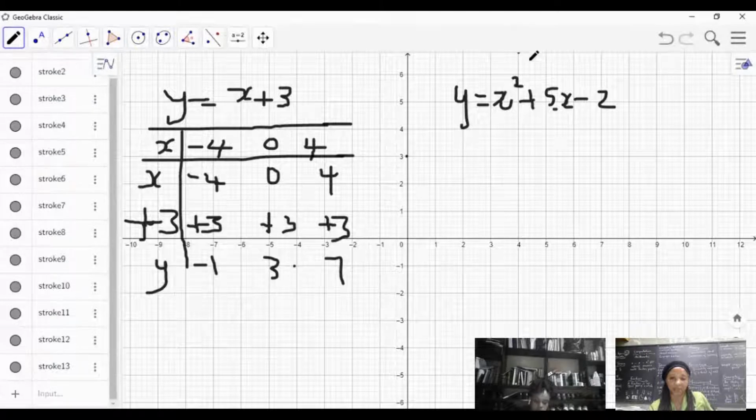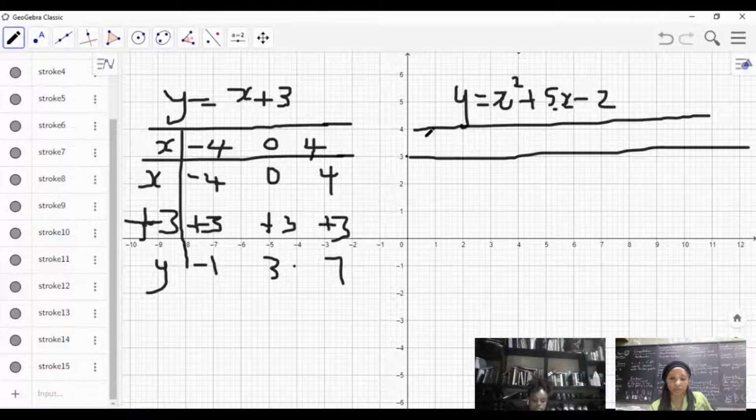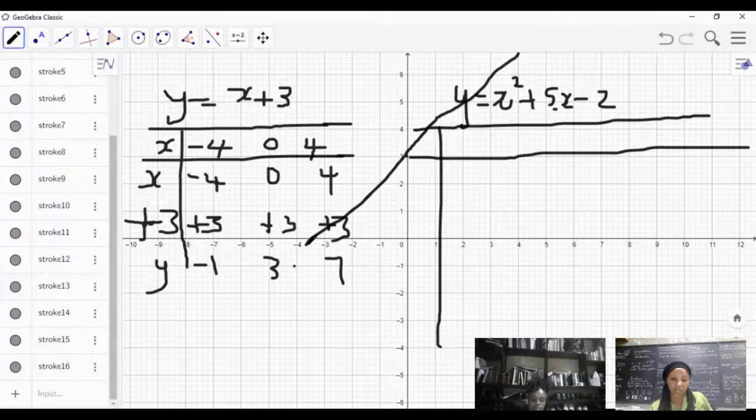For the quadratic, we would have to put in all our points, not just 2 or 3 points, because we're going to get a parabola. So that line would go there. That would be the line for the linear.